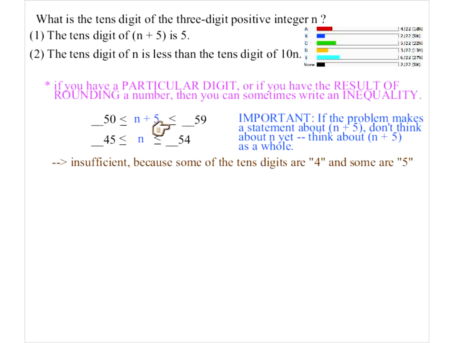Who knows what's going on in number 2? Text box if you have any insight into number 2. Some people are typing. Okay, we'll see what a couple other people are typing.